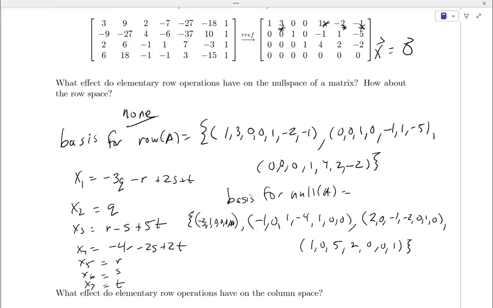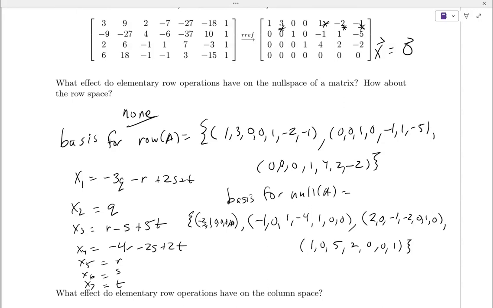If I do linear combinations of the columns for this matrix, the only thing I can get in the last component is a 0, isn't it? Notice over here I can get all sorts of things that aren't zeros, right? So we don't find a basis for the column space by looking at the reduced row echelon form.